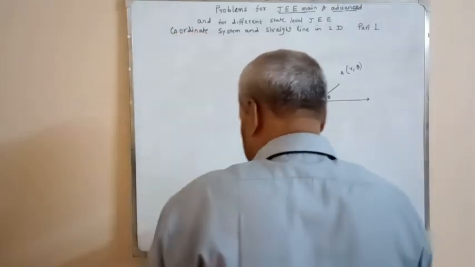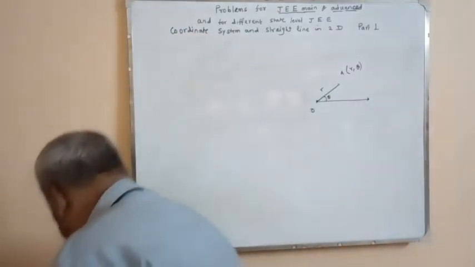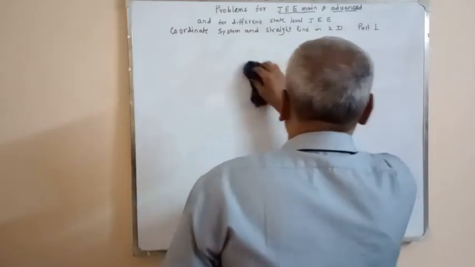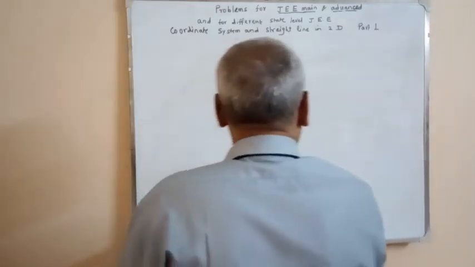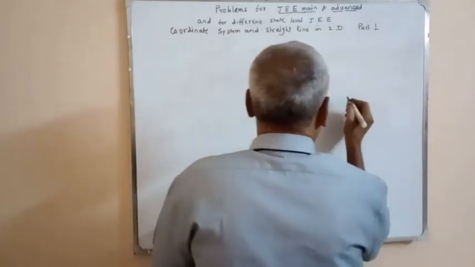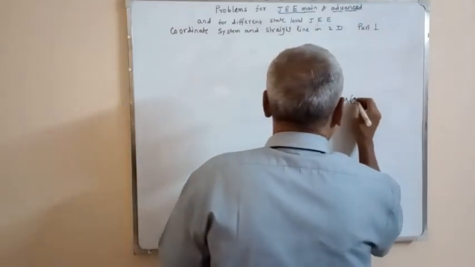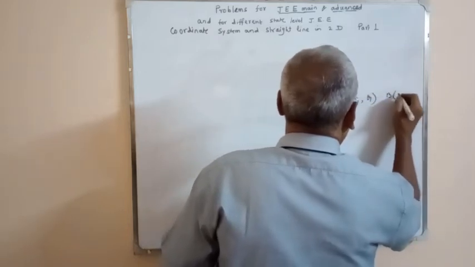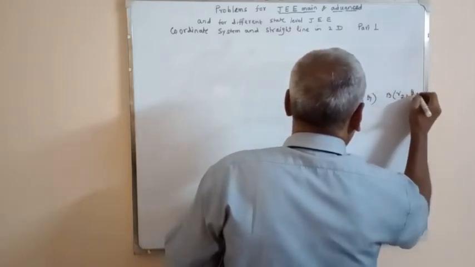Now suppose two points A and B are given in polar coordinates: A is R1 theta 1, and B is R2 theta 2.